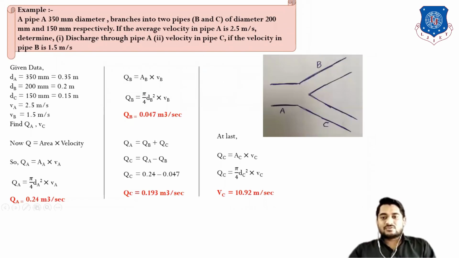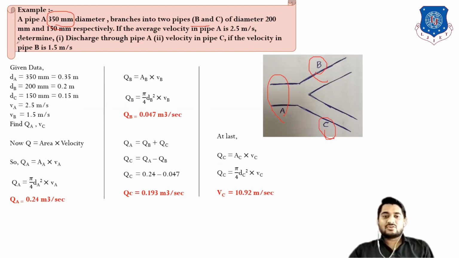Okay, so here in the given data, a pipe of 350 mm diameter branches into two pipes. Here is pipe A with 350 mm diameter. It branches into pipe B and C, so let us draw the two branches.